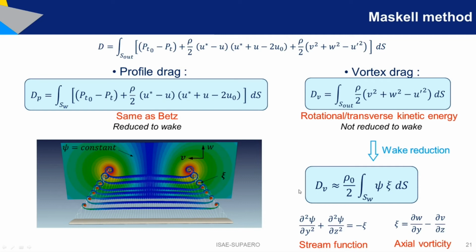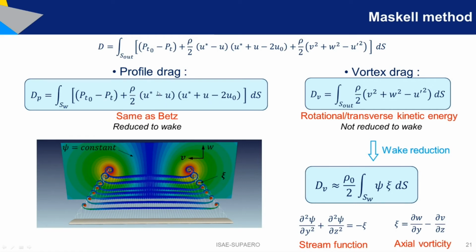Just to better understand what that is, let's consider a wing, and with this image I will try to explain what we have done. Basically, if you have the wing and you take one of the cross sections of the wake, let's take for example this one. At this section, at each point of the cross section, you have the total pressure deficit.